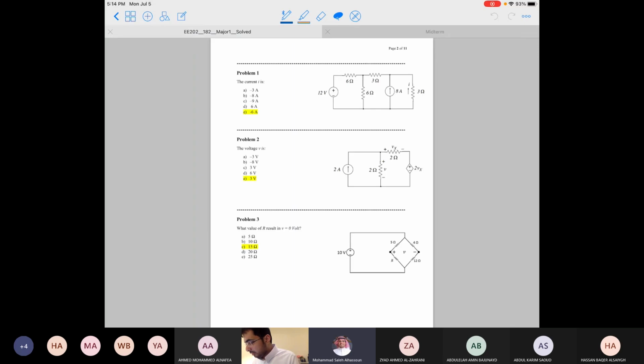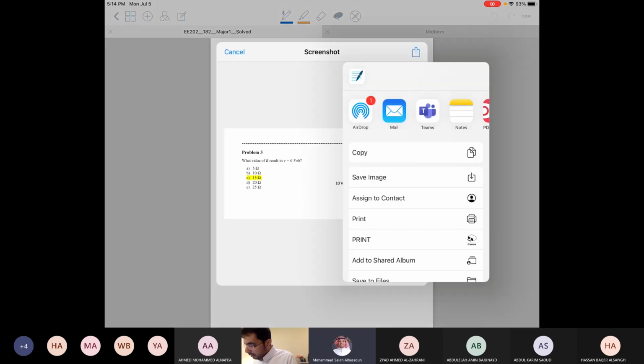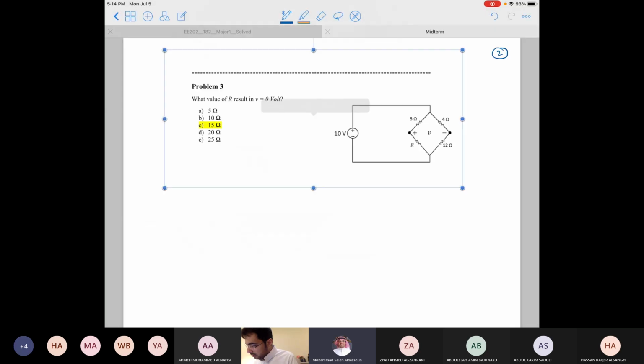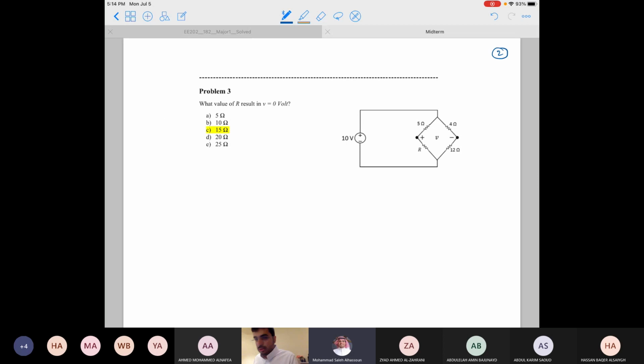Okay, let's try to solve another problem. In this problem, we're asked to find the value of R such that the voltage V equals 0.